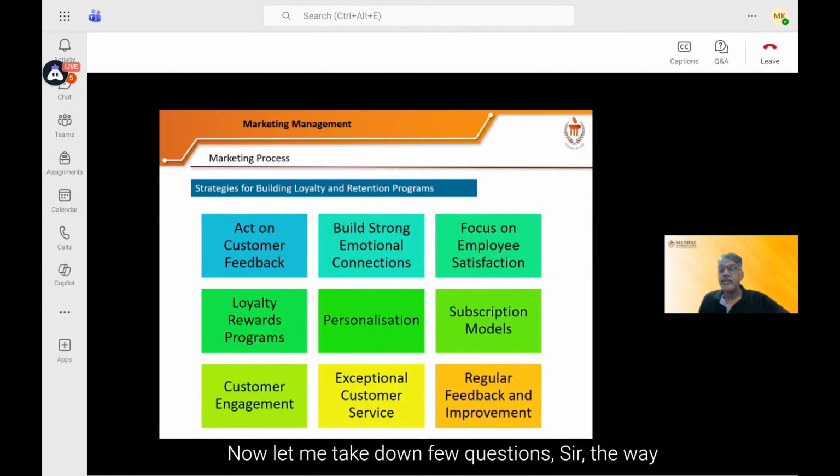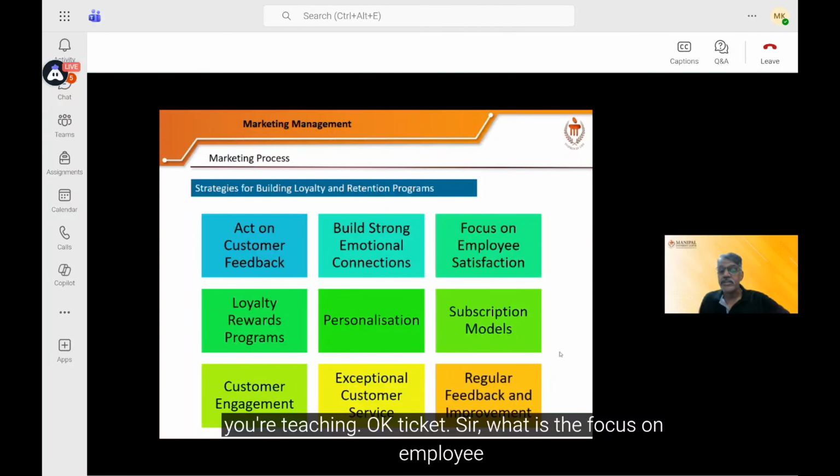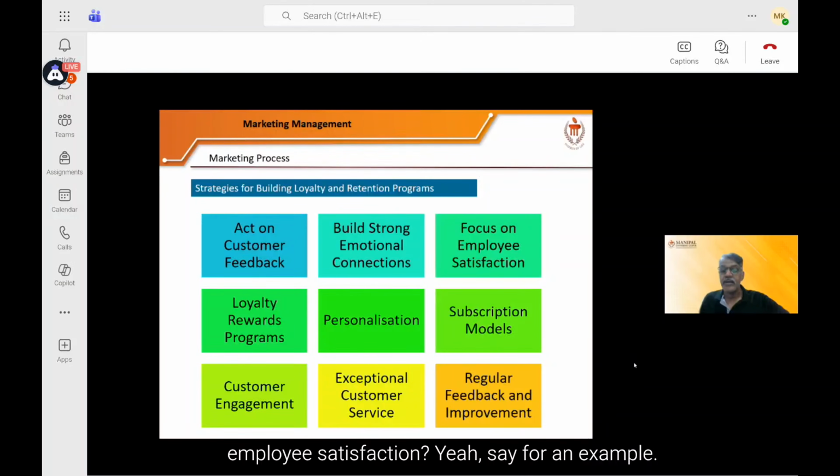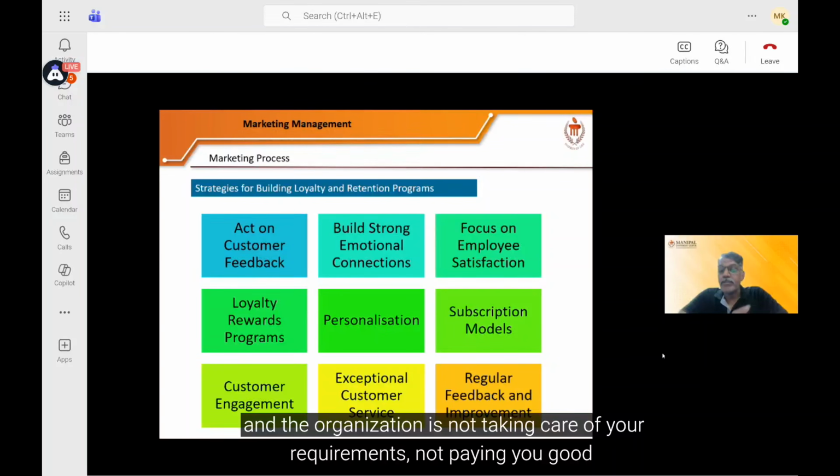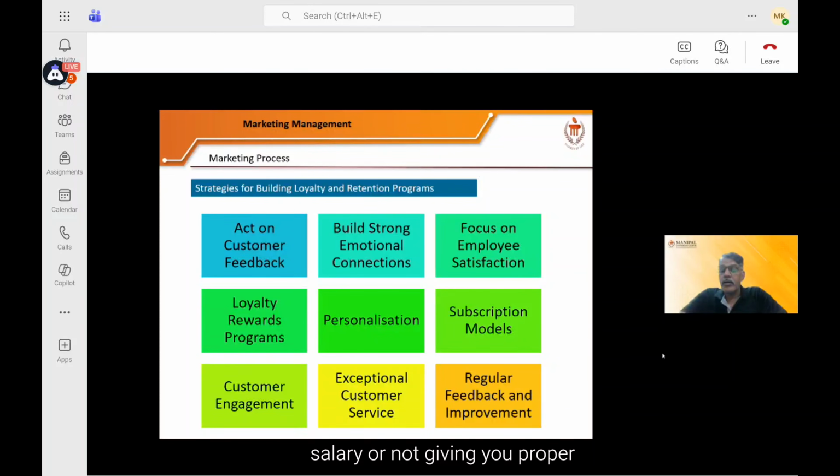Sir, the way you're teaching is okay. Sir, what is the focus on employee satisfaction? Yeah, say for example, learner Kanaya Lal. Focus on employee satisfaction. Suppose you're working in some organization and the organization is not taking care of your requirements, not paying you a good salary or not giving you proper holidays.